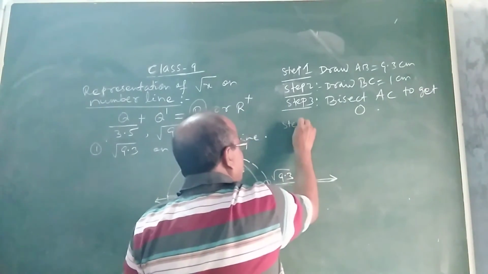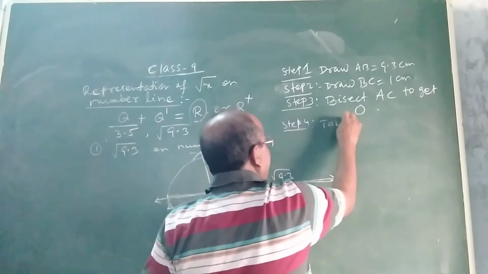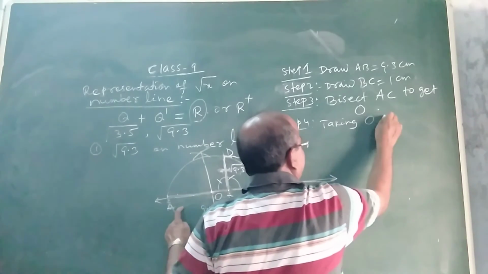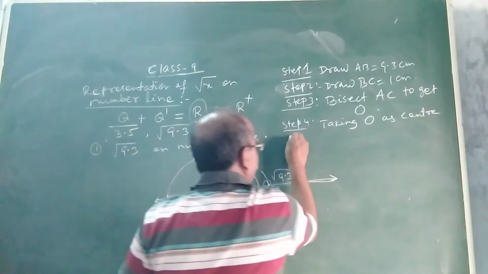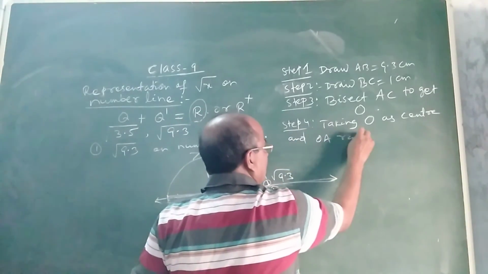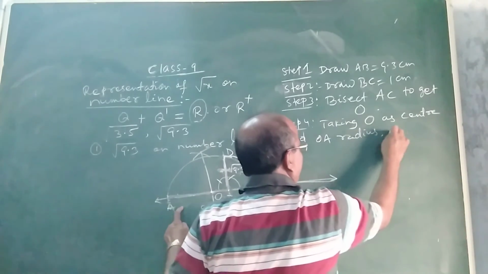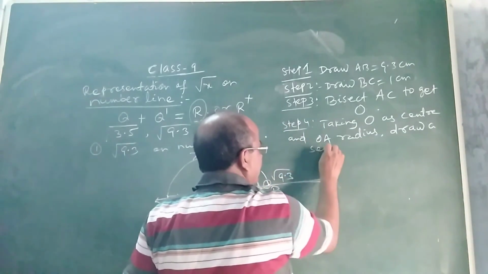Then what is the fourth step? The fourth step is taking O as center and OA as radius, draw a semicircle.